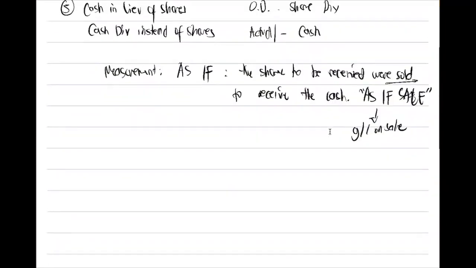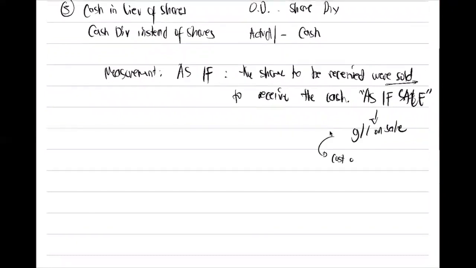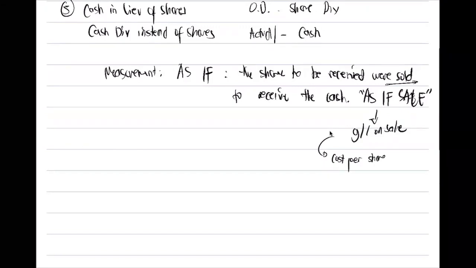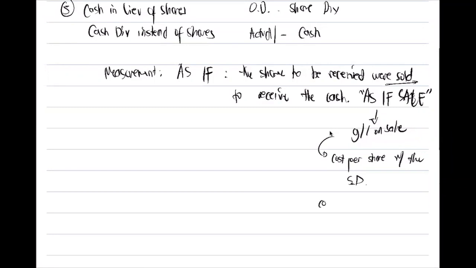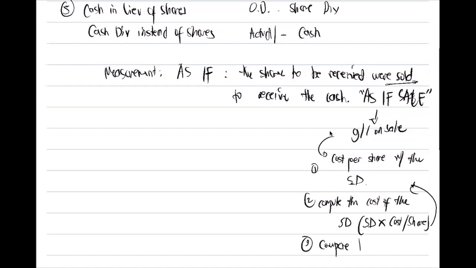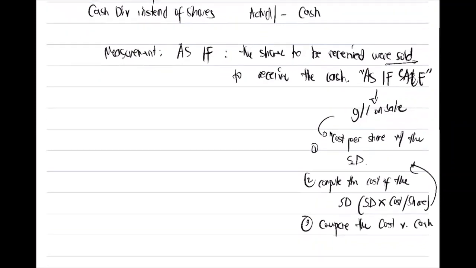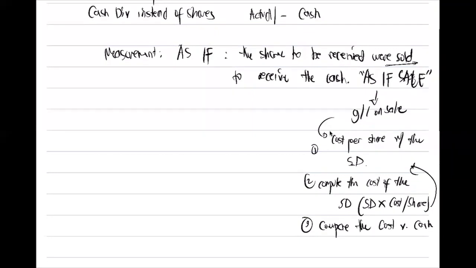So how do we compute your gain or loss on sale? First, you need to compute the cost per share with the stock dividend. And then we compute the cost of the stock dividend. How to compute that? Stock dividend multiplied by the cost per share. And then we compare the cost versus the cash received to compute for your gain or loss.